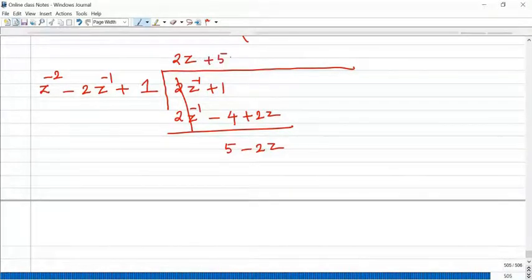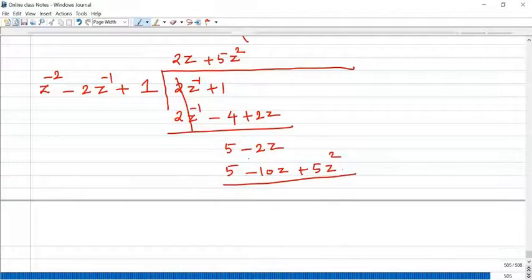Next, select a value such that the 5 should be cancelled. So I'll select 5z square. 5z square multiplied with z power minus 2 will get 5. So plus 5z square minus 2z inverse, get minus 10z plus 5z square. Subtract, it cancels. Now the result is 8z minus 5z square.